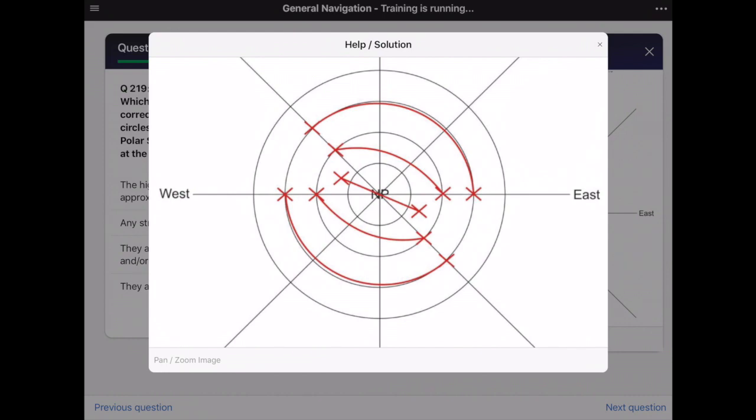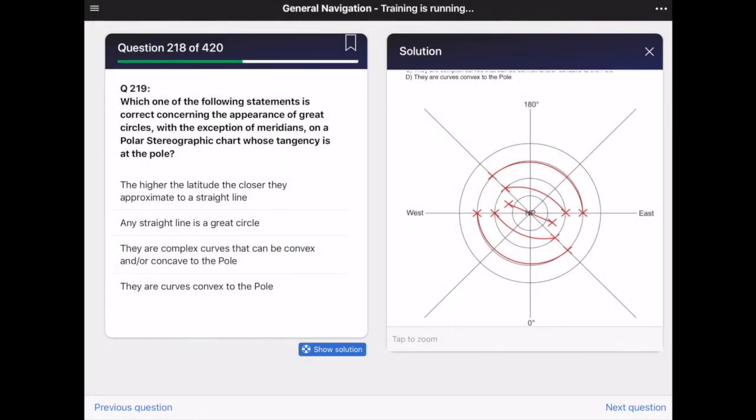And this is basically already the answer to this question. The higher the latitude, the closer they approximate to a straight line.